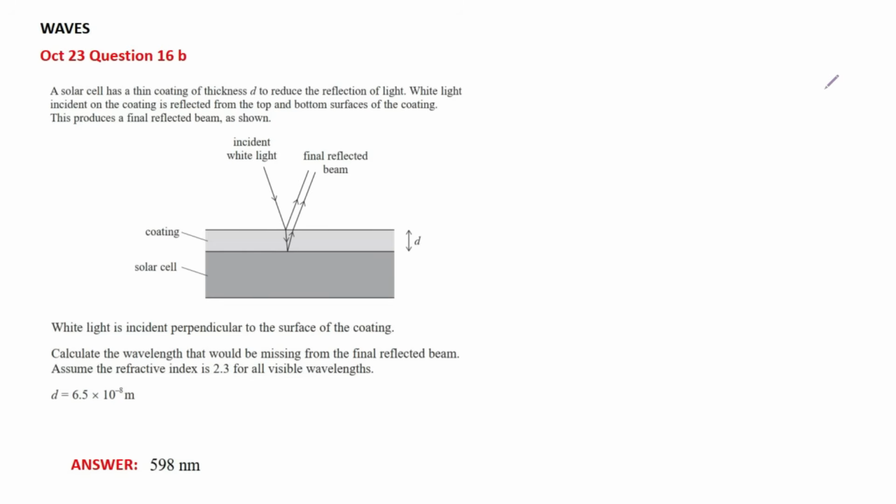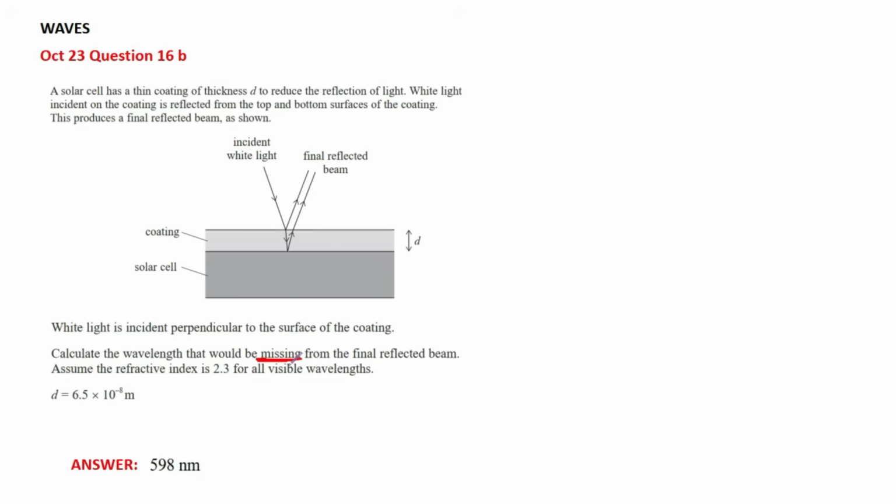White light is incident perpendicular to the surface of the coating. Calculate the wavelength that would be missing from the final reflected beam. Why would it be missing, guys? Assume the refractive index is 2.3 for all visible wavelengths.